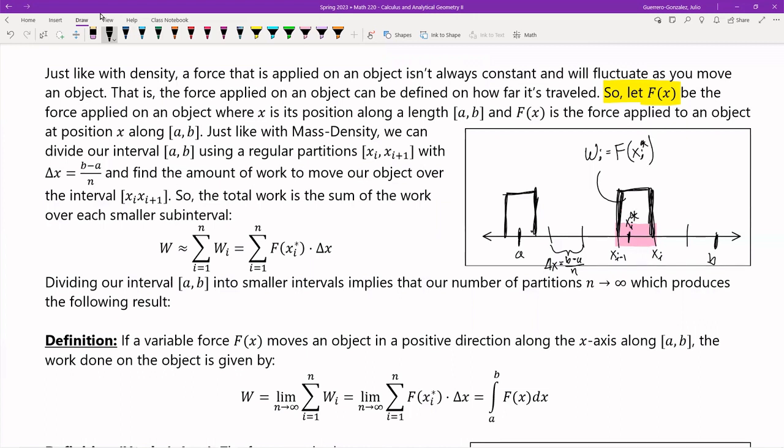And it needs to travel delta x far. So I need to make my box travel this distance right here, which is delta x. So the work it takes to move my box over that one little strip from x_{i-1} to x_i is given by this expression right here.